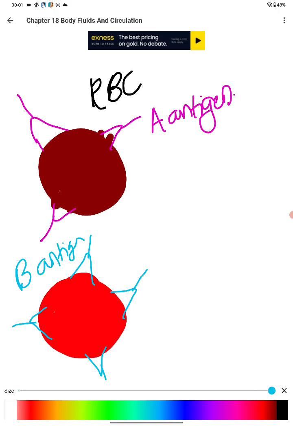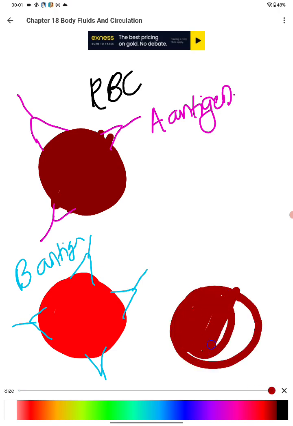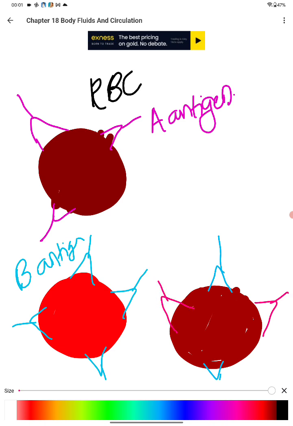And one more RBC is there. Let's take both blue and pink color. A and B, both antigens are there.